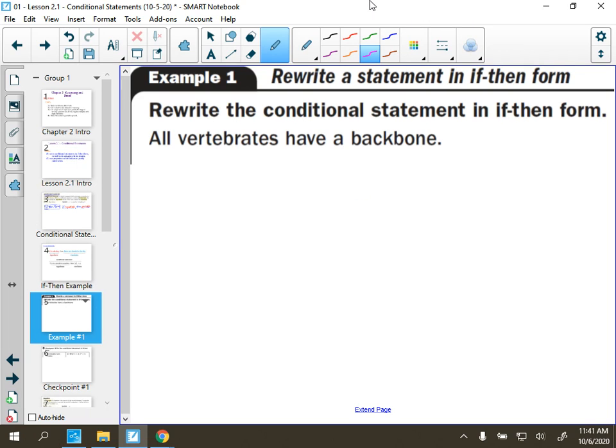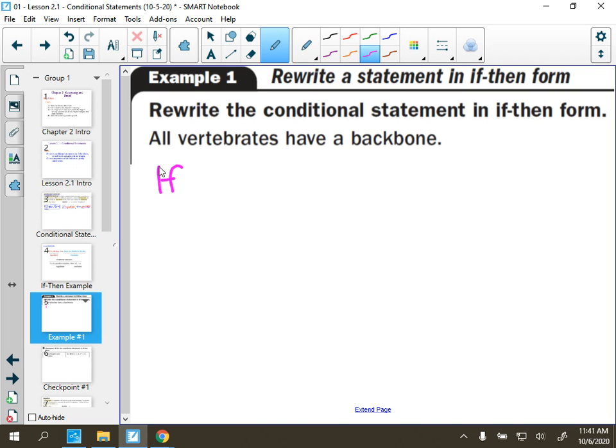So when we're rewriting something in if-then form, obviously I've got to get those words involved, so if, and most of the time it involves injecting some sort of subject. If you, or if it, or if the thing, or if the person is a vertebrate is an example of how we can do this.